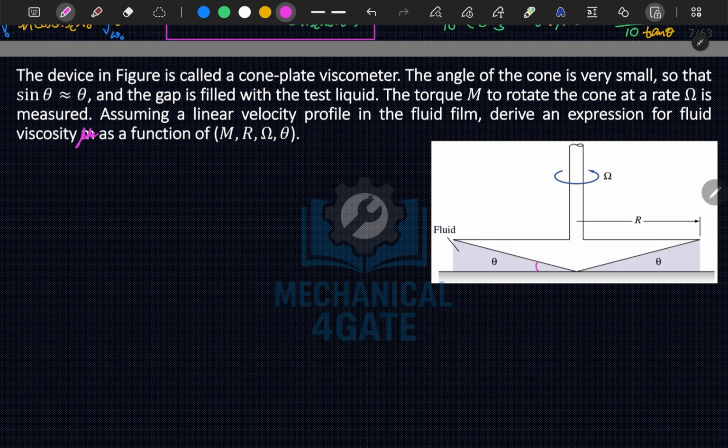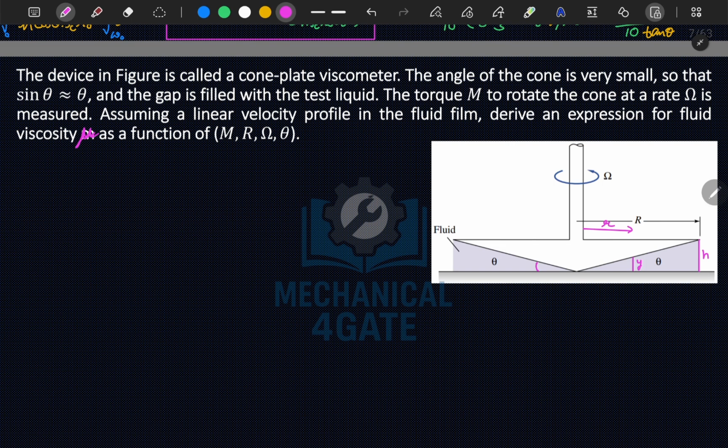Again here we have varying height, varying film thickness with radius r. Let's say at this radius r we have film thickness y, and at the end, let's say it is h.